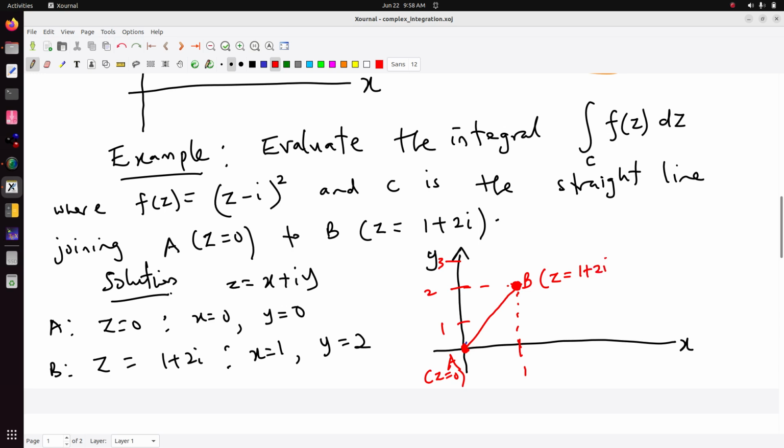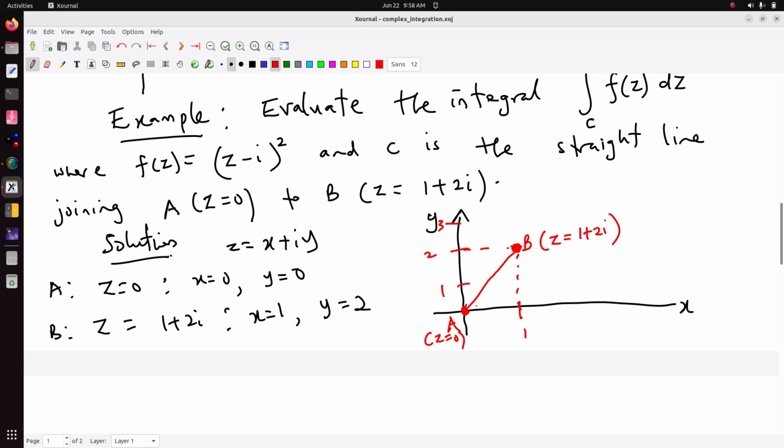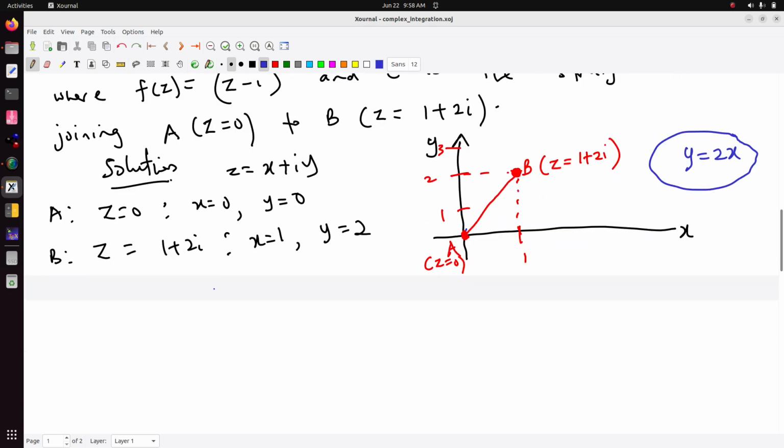Now, since it's a straight line, you can notice a relationship between x and y. You observe that y is twice x. When x is 0, y is 0. When x is 1, y is 2. So y is twice x. This relationship may be useful later.